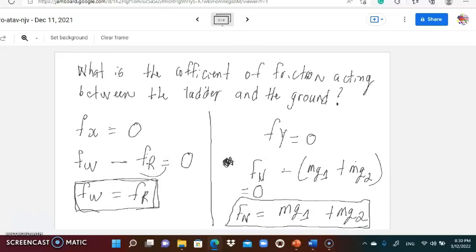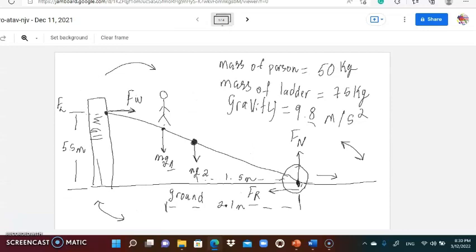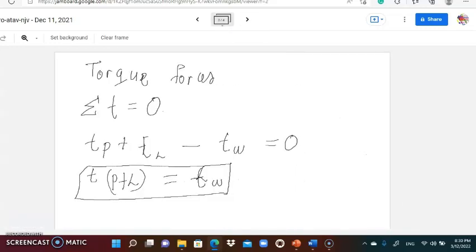Now you're being asked to find the coefficient of friction acting between the ladder and the ground, and that is going to be the coefficient of friction that is acting right at this point. Now there's another effect acting on the ladder, and that is going to be the torque forces.